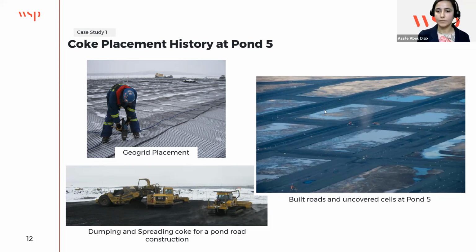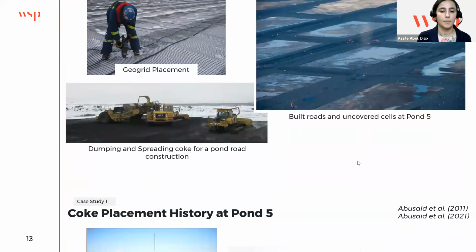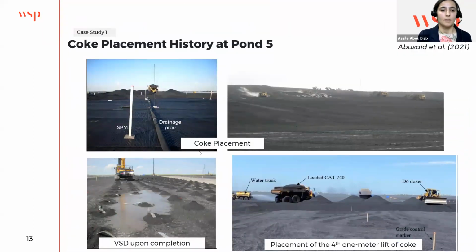We can see here first the roads being completed, and after completing the roads, the cells were covered with geotextile and also covered with coke on top. Here we show the geotextile and the drainage system at the bottom of the coke.